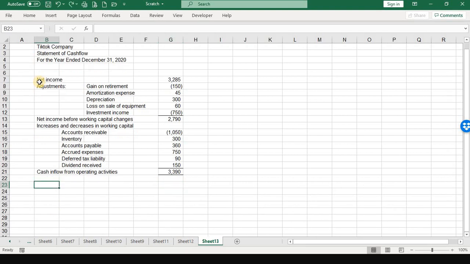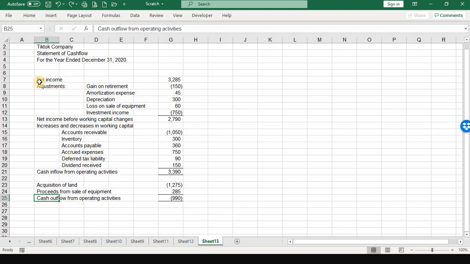So for the investing activity, we only have two transactions. So let's start with the acquisition of land for 1,275. Next is the proceeds from sale of equipment, which is 285. And this will give us a 990 cash outflow from investing activities.